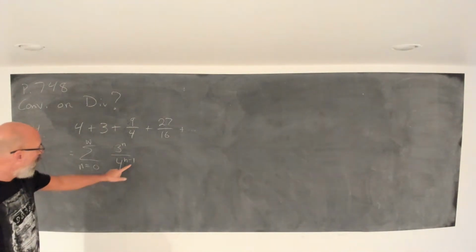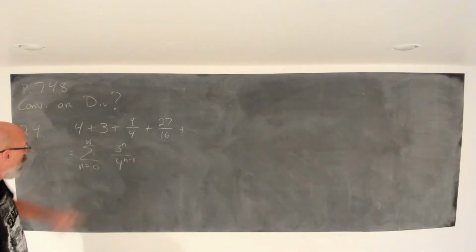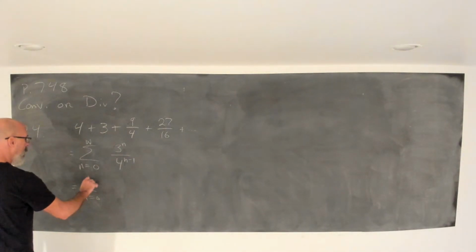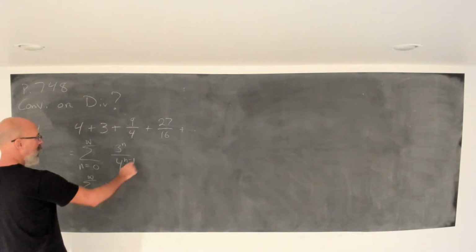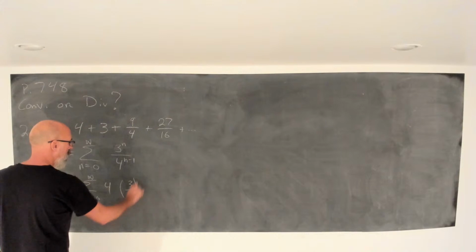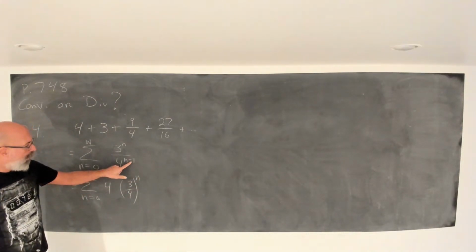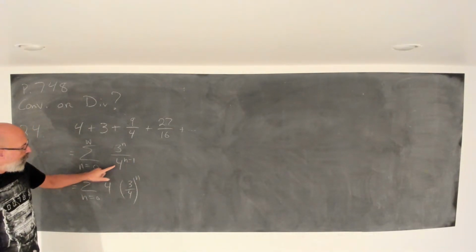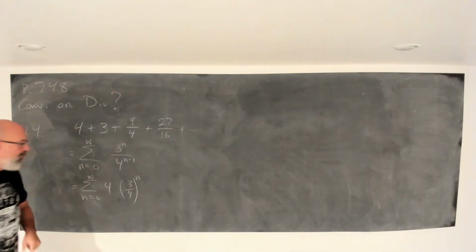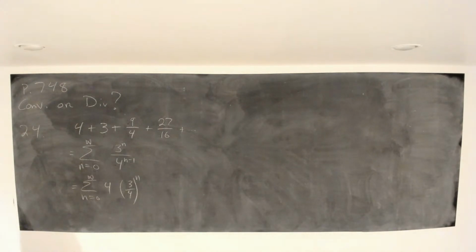Why don't we take out a 4 to the negative 1 here? Or let's rewrite this as 4 times 3/4 to the n. I've taken out the negative 1, so I have a 4 to the negative 1 in the bottom, which is really 4. So this is the same thing.